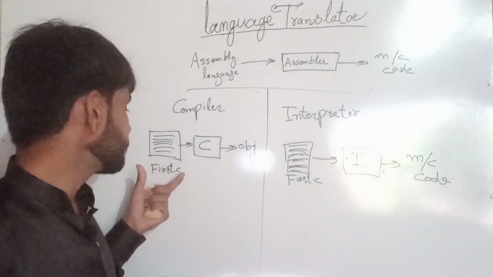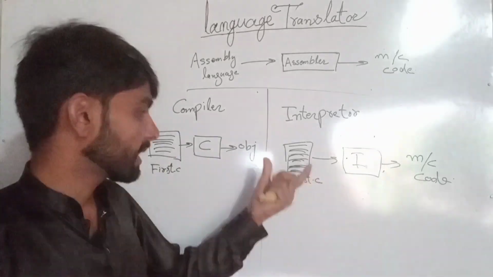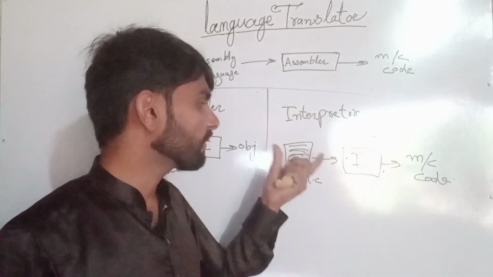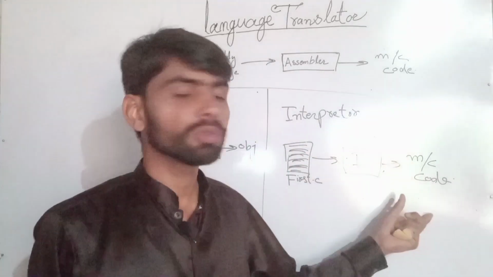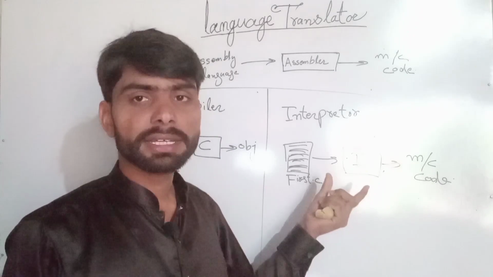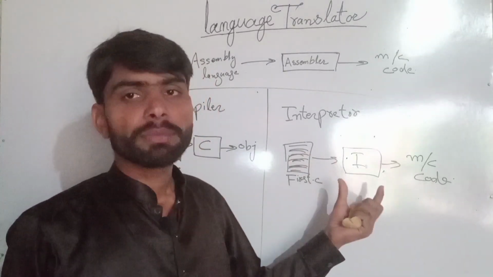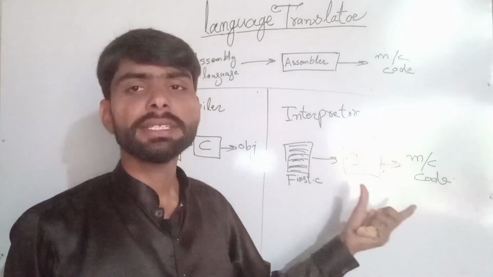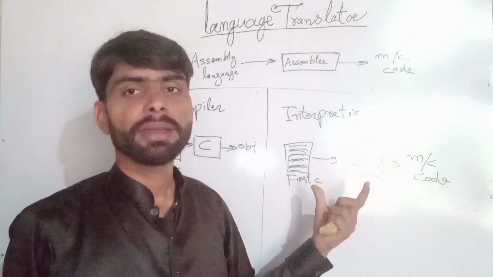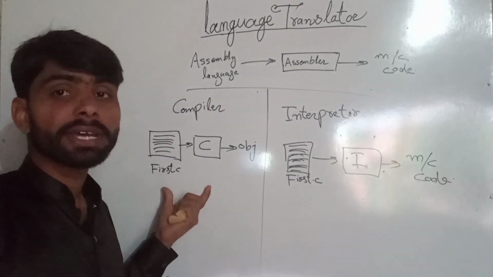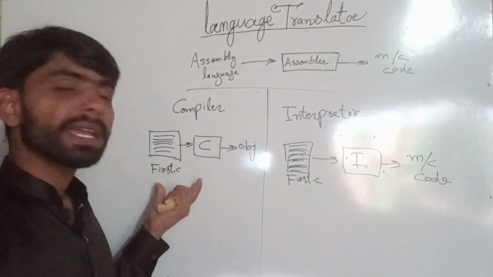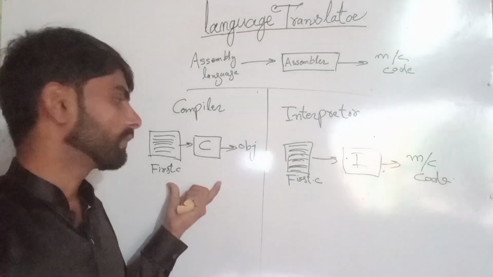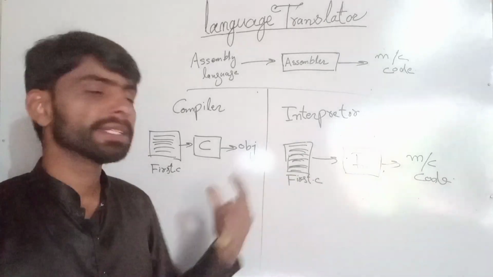But with the interpreter you will get errors one line at a time, because it takes one line and converts it into machine code. If any error occurs, the program immediately stops and tells you the error. You can easily remove errors line by line, whereas with the compiler you get a list of errors. So here debugging is very tough, but here debugging is very easy.